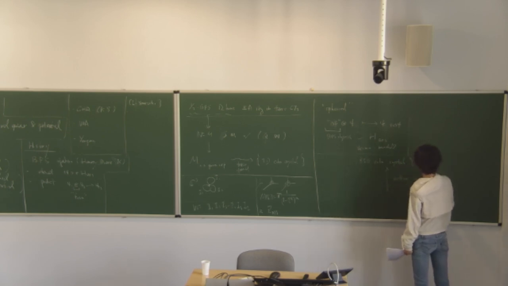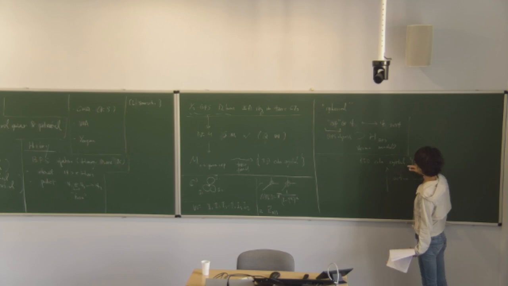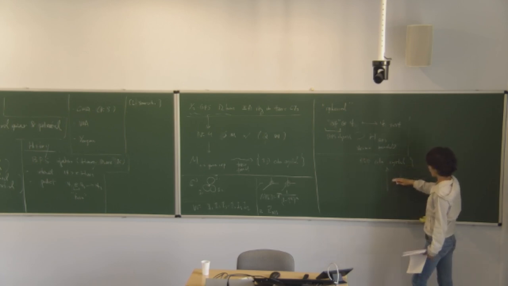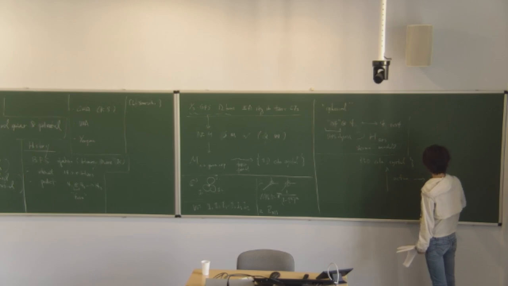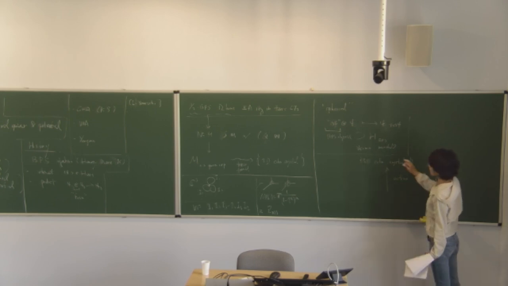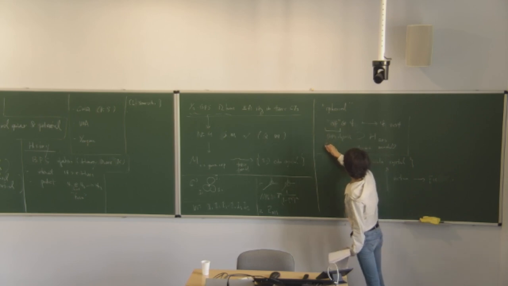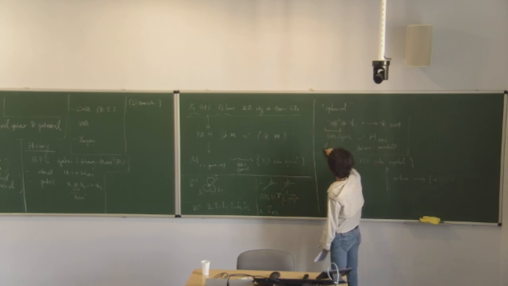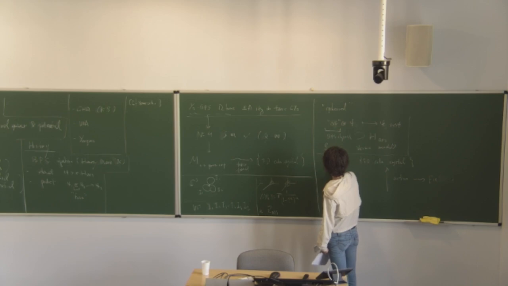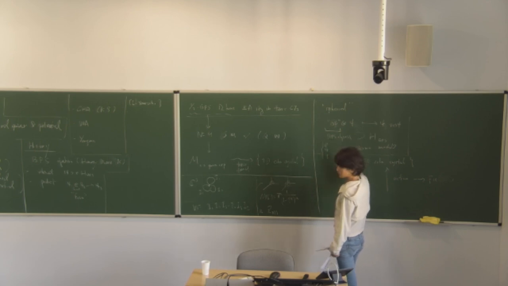So once you fix this action, this is an infinite dimensional space. Once you fix the action on any states, basically you can find the relations among all these generators. And I forgot to mention that this is just a raising operator. So we also introduced the Cartan and the lowering operator. So we extend the definition of the original BPS algebra.